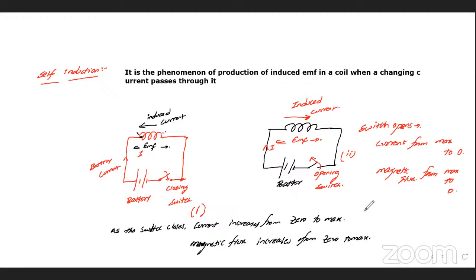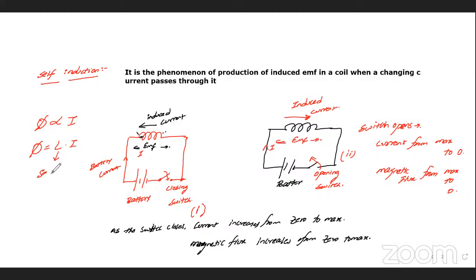Remember these cases. By comparing these two relations, we can say that flux phi is directly proportional to your current. Because flux is there, current is induced, and because the battery current is there, flux is generated. Both are proportional to each other. So when both are proportional to each other and you remove the proportionality sign, there will be a proportional constant. That proportional constant we call L. So L we call self inductance. This L is a constant value.